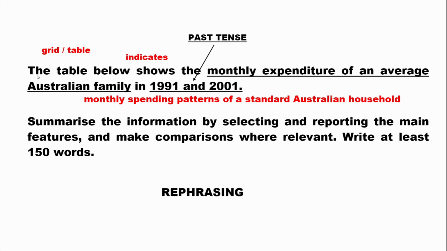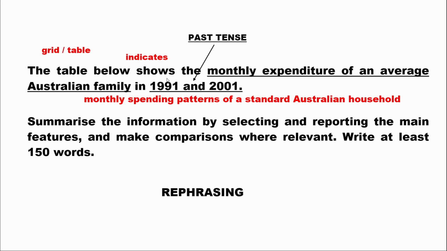Now, when we go to paraphrasing, instead of table we can use grid, table, chart. Instead of show, I showed earlier again, we can use indicate, illustrate, display, demonstrate, or give information about. Then for monthly expenditure of an average Australian family, I used monthly spending patterns of a standard Australian household.